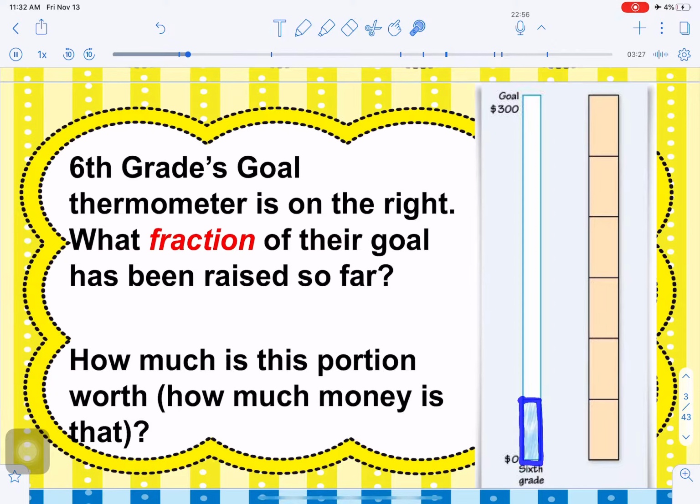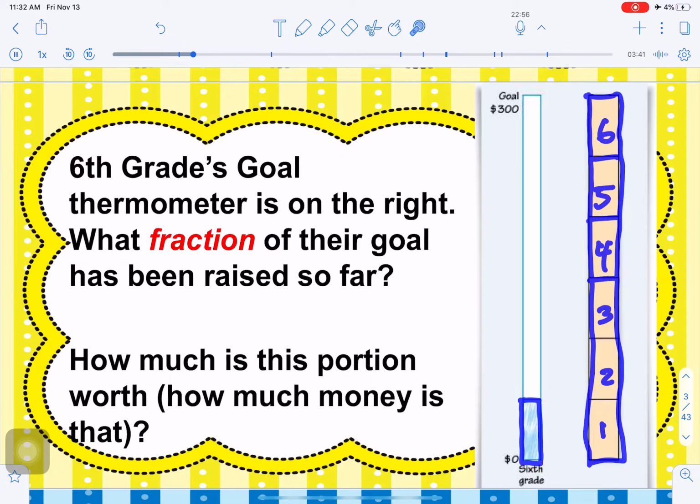I also see that there's a fraction strip on the right that's going to help me out. So I see that there are 1, 2, 3, 4, 5, 6 parts to this bar here, or to this fraction strip. So I know that this total all the way up here is 6/6.